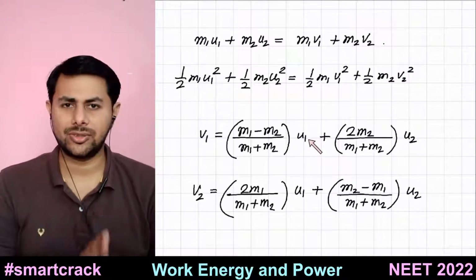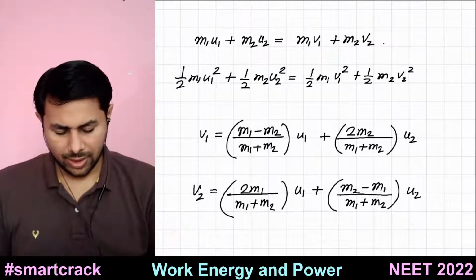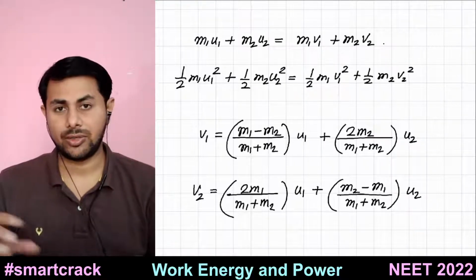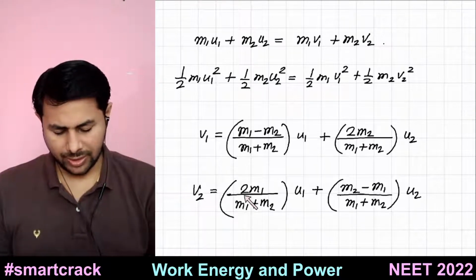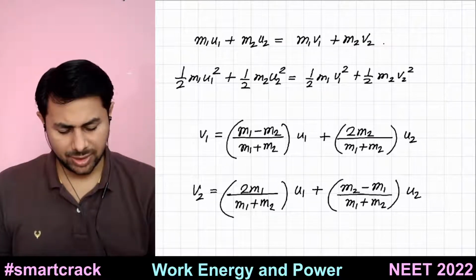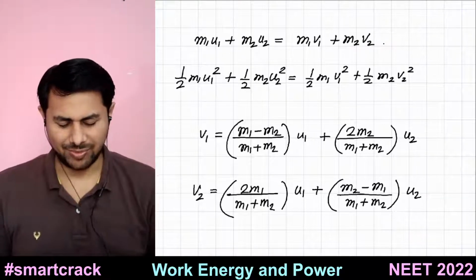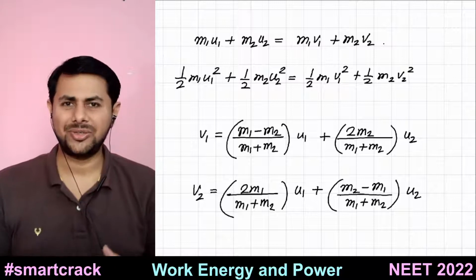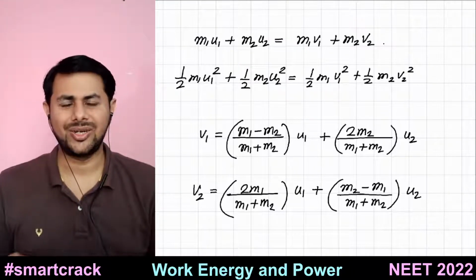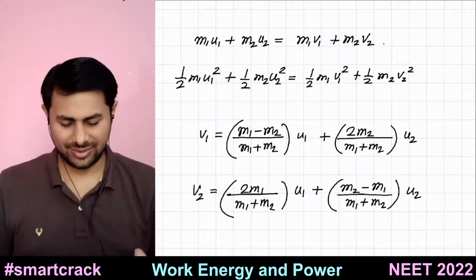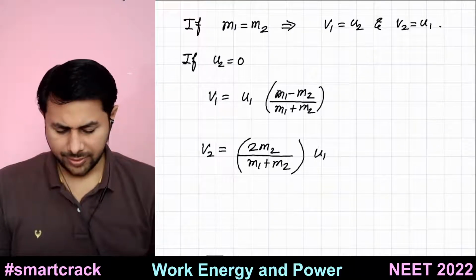Then 2 times m2 becomes 2 times m1, divided by m1 plus m2, times u2, which changes to u1. Then you get this formula. So if you change 1 to 2 and 2 to 1, you will get the second formula from the first, or the first formula from the second. All right, that's about it.